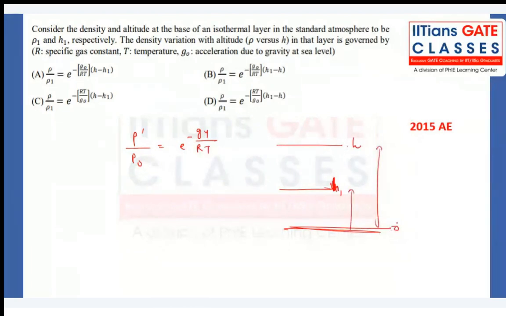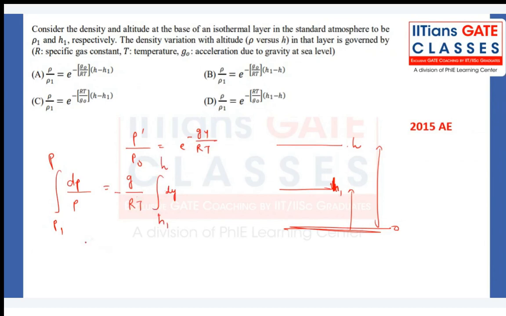So if you do the integration, minus dp by p from p1 to p equals minus g by RT into dy from h1 to h.